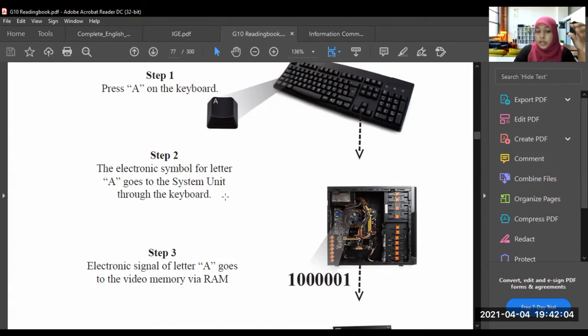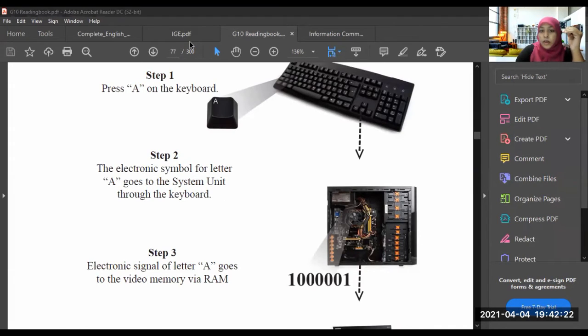That means it goes to the RAM. You know the structure, right? If you can remember the architecture of the computer system, you can remember it. When we enter something to the computer, it goes to the RAM, the main memory. After that, the main memory sends it to the CPU, the central processing unit, right?